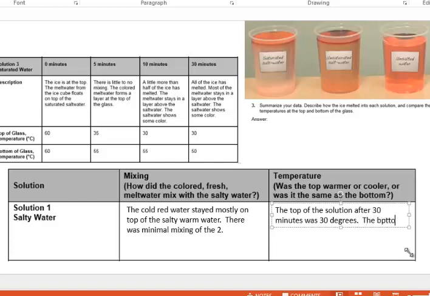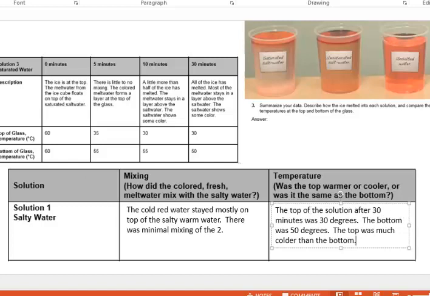The bottom was 50 degrees. Top was much colder than the bottom. I mean, in the first scenario, we saw a difference of 5 degrees. In this one, there's a difference of 20 degrees.